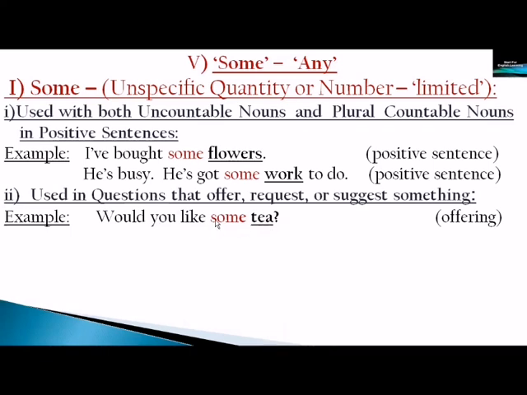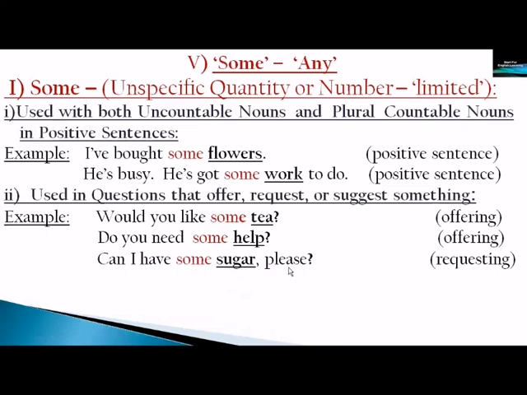This is an offer. We're offering some tea. Would you like some tea? The question is offering something. Would you like some tea? Do you need some help? Tea is uncountable, help is uncountable.